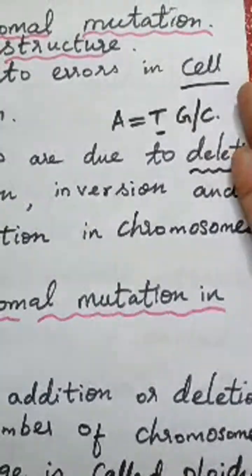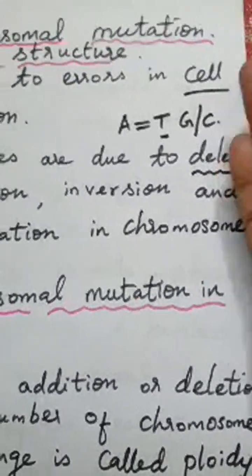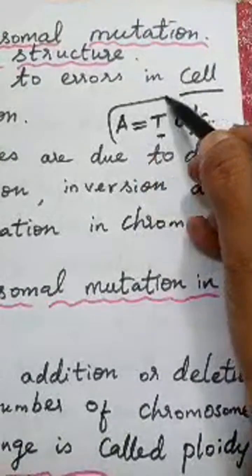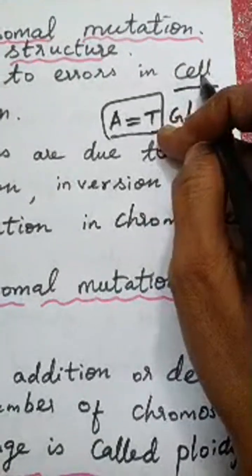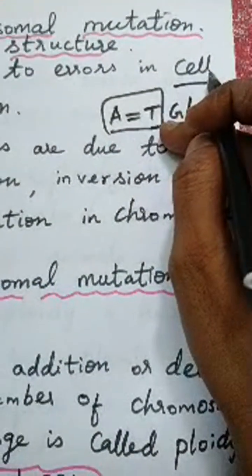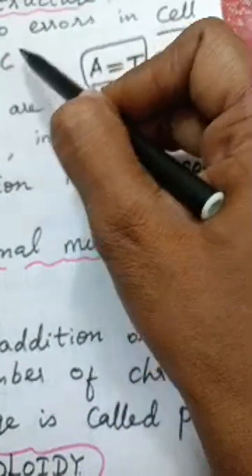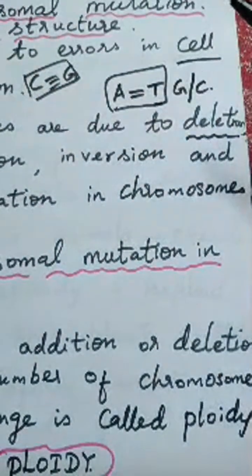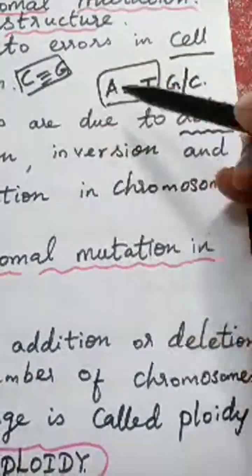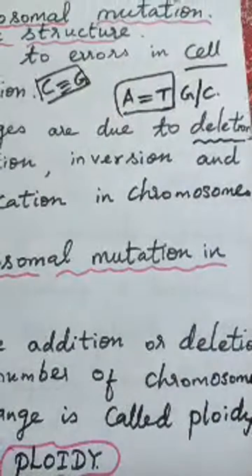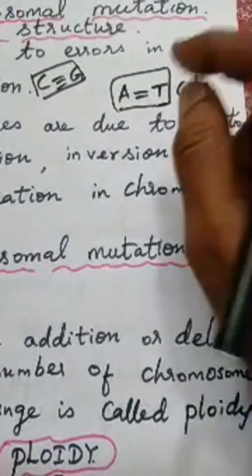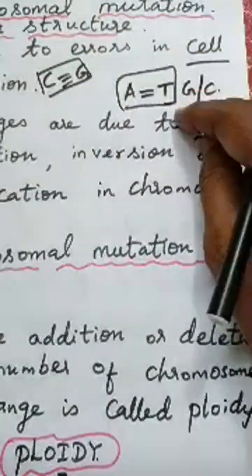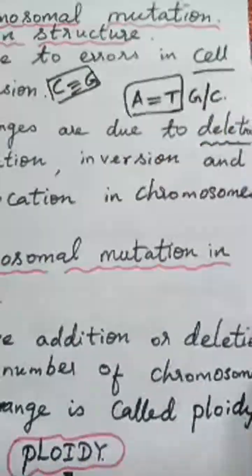It's a change. I told you that thymine and adenine only will form a pair, will bond with each other, and similarly cytosine and guanine only will form a hydrogen bond between them. This is natural. This is Chargaff's rule. There will be an equal number of adenine and thymine, and similarly cytosine and guanine.